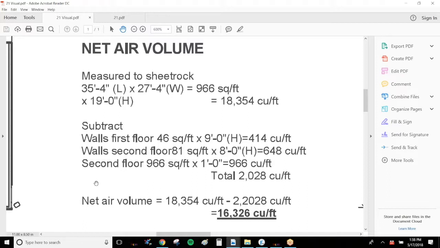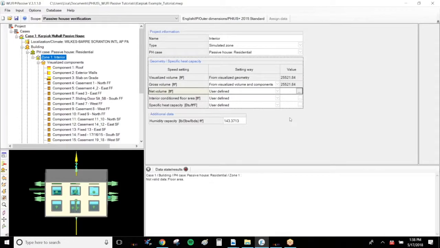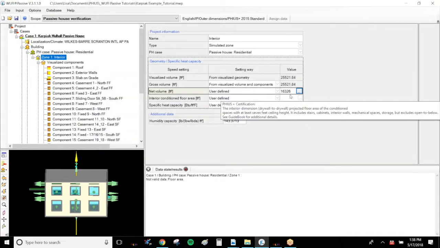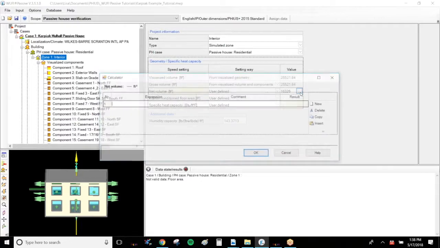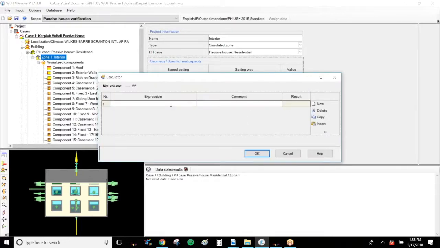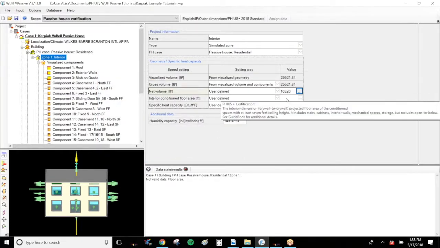So we'll go ahead and take that, but again, this is a detailed calculation that you'll need to do for your project. You can also use this pop-out calculator in WUFI Passive and do your own calculation within this. So if I knew it was 500 times 8 feet in height, plus I could add up room by room if I wanted to, or you can obviously do the calculation externally.